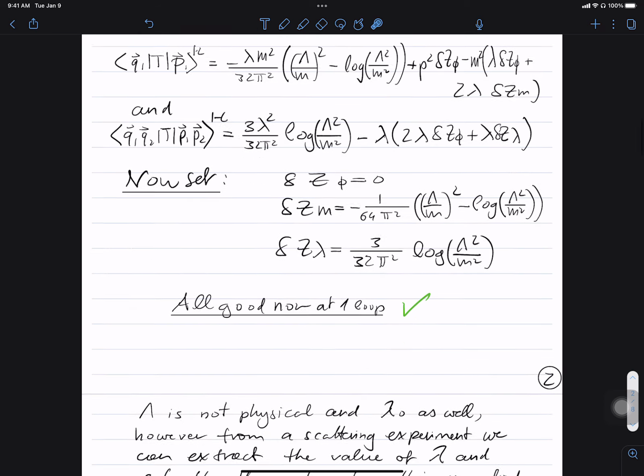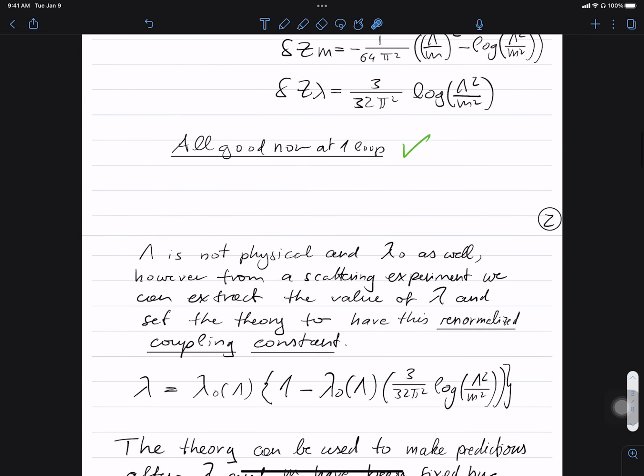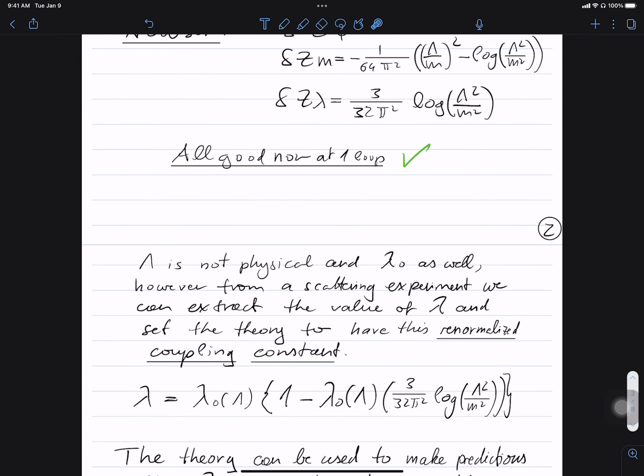So this is a very nice result, because we can now actually make calculations and predictions in the theory, by also noticing that from the starting point where the bare quantities, lambda for example, are written down in the bare Lagrangian, the physical lambda that is actually observed in the experiment has a functional dependence in connection to the bare quantity.